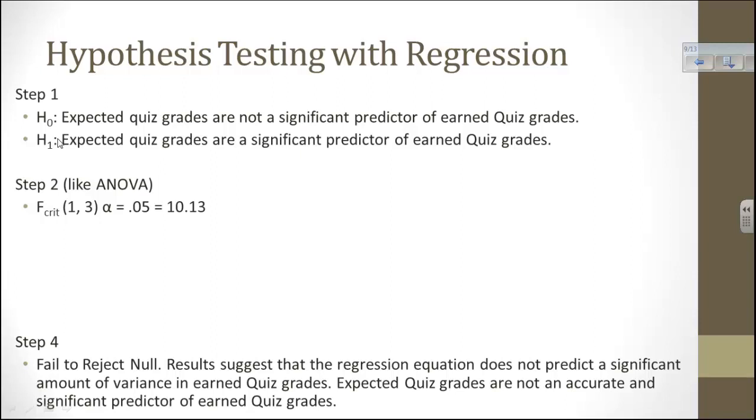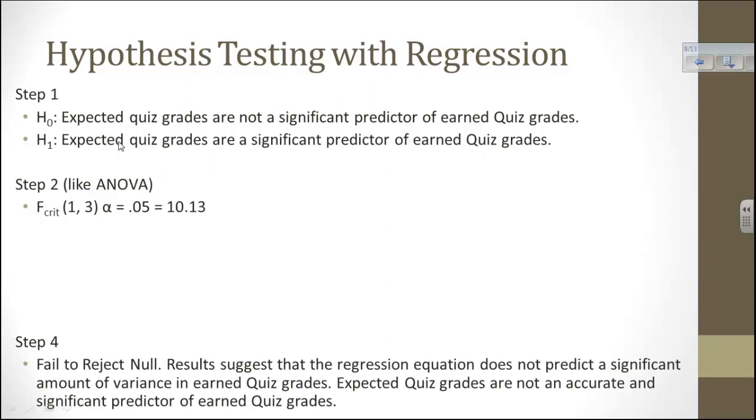But we're not going to go there. So you can state it like this. The independent variable is not a significant predictor of the dependent variable for your null. And then your alternative, your independent variable is a significant predictor of whatever your dependent variable is. Just make sure that you actually label your independent and dependent variables according to what they actually are in the problem.